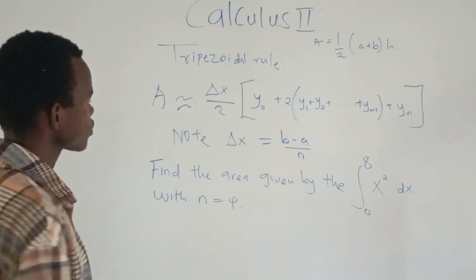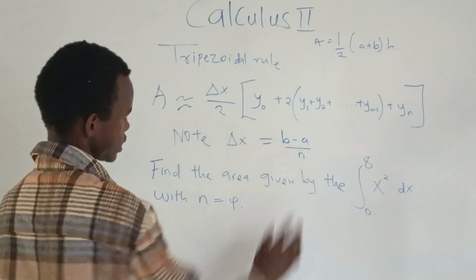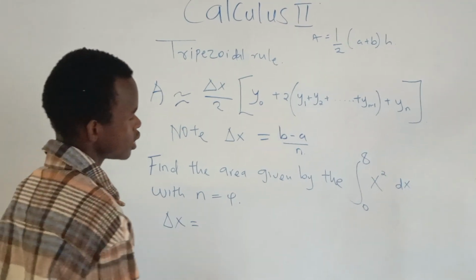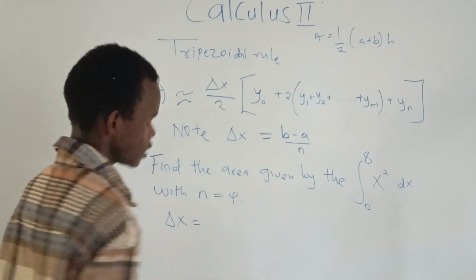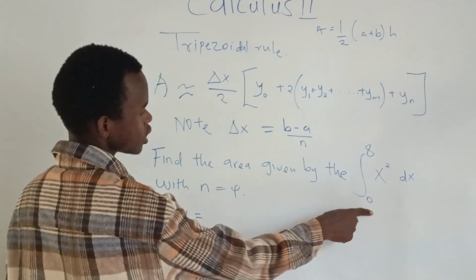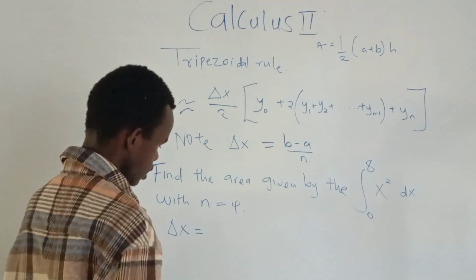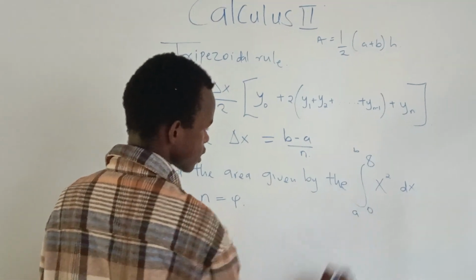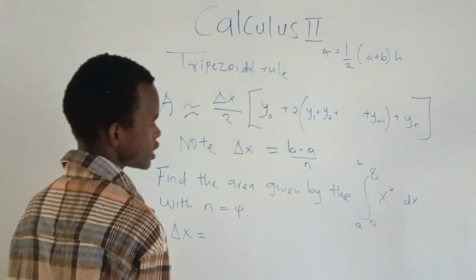So straight away, let's compute our delta x. Our delta x comes from the bounds of the integral, from 0 to 8. This is usually our b, this is usually our a. We can graph that integral.